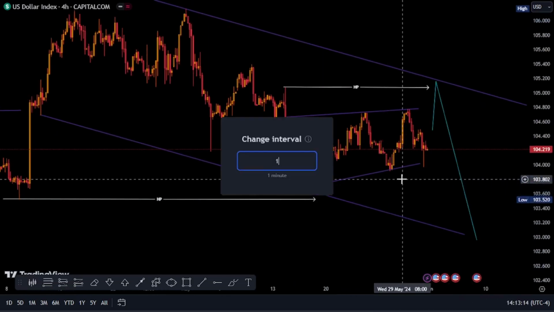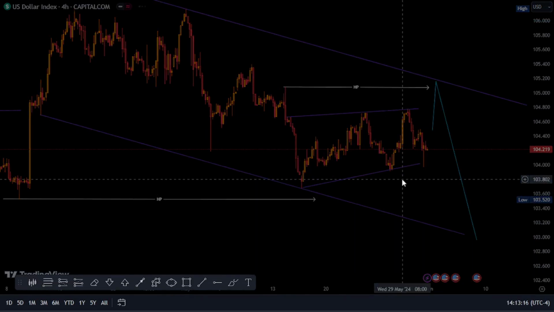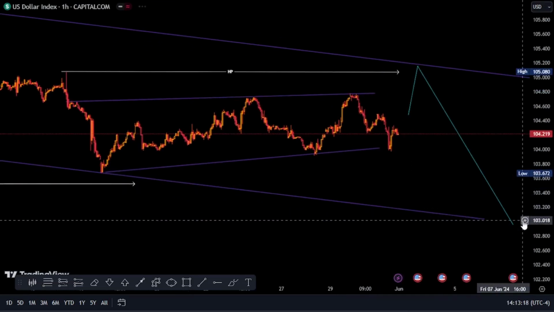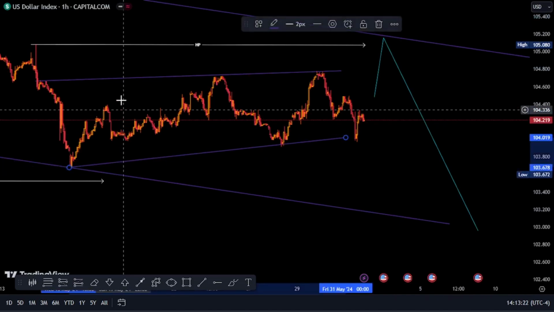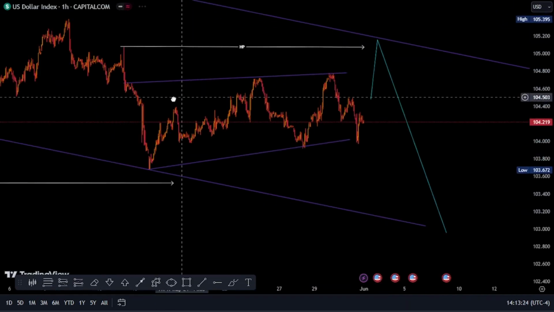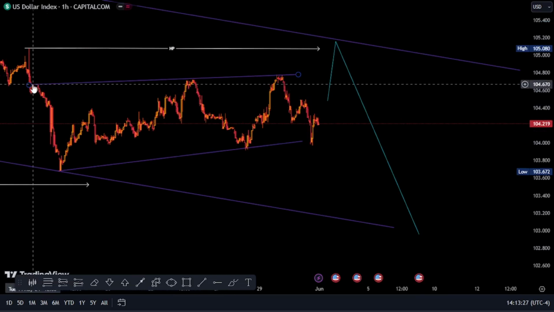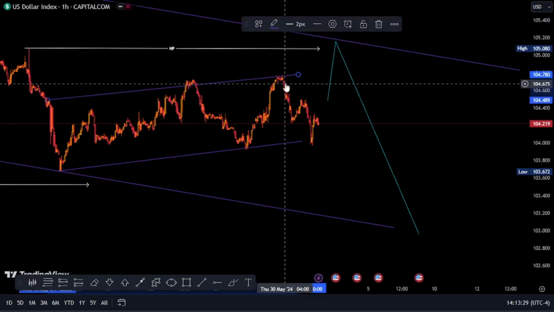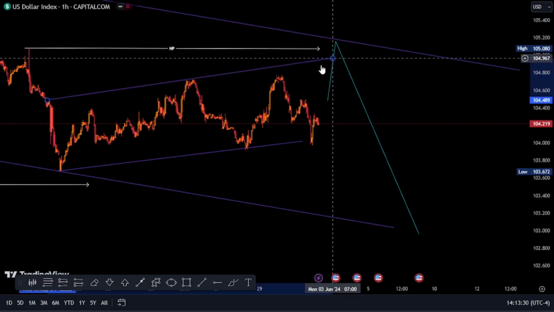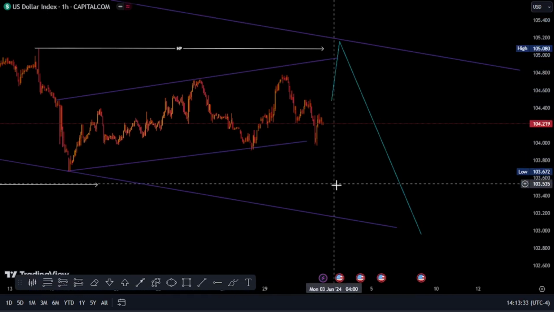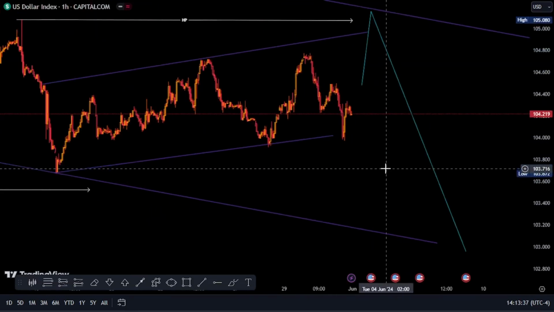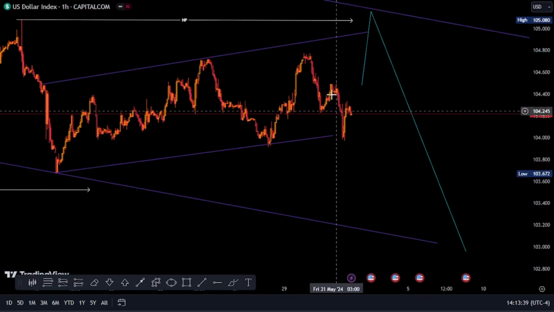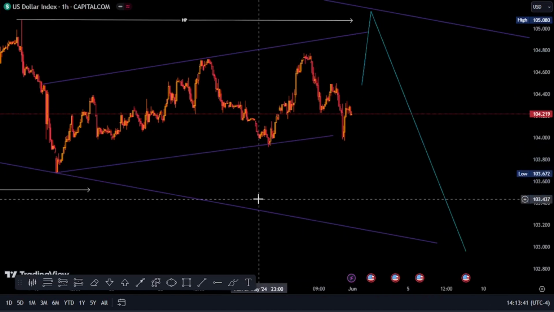So again, we look at this carefully. We trade patterns. So possibilities of this are possible also. Never ever underestimate anything.